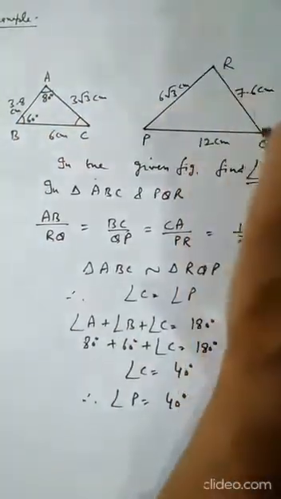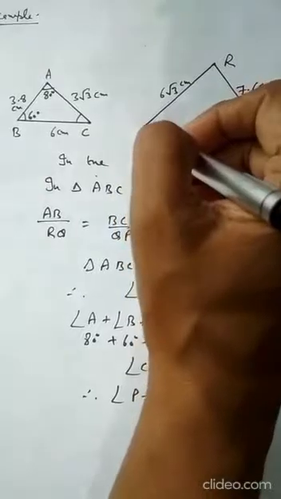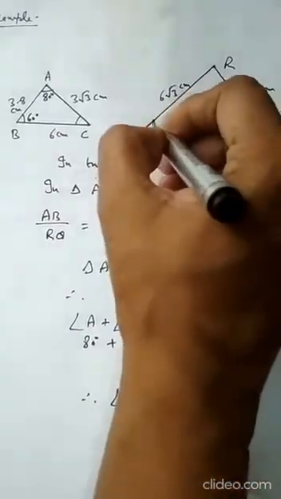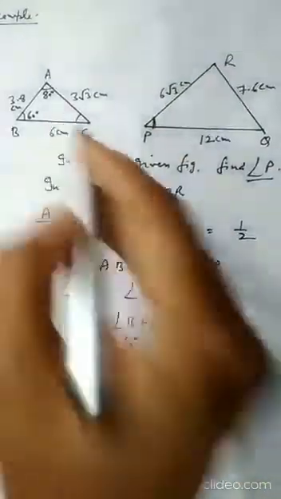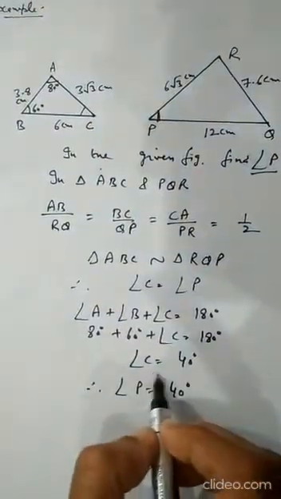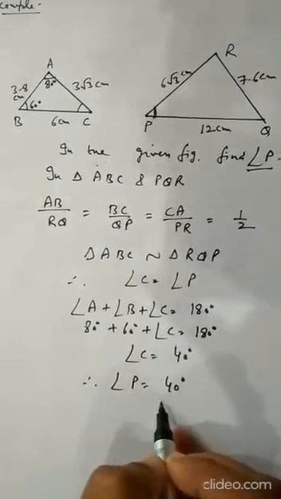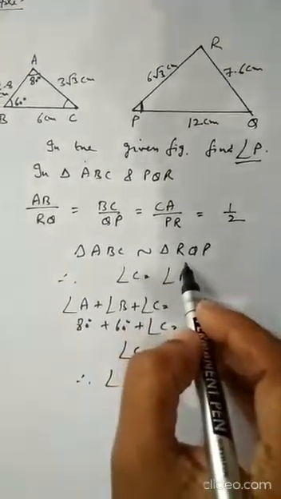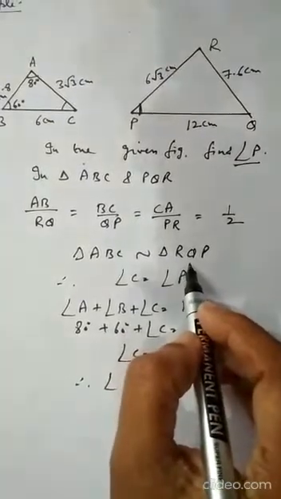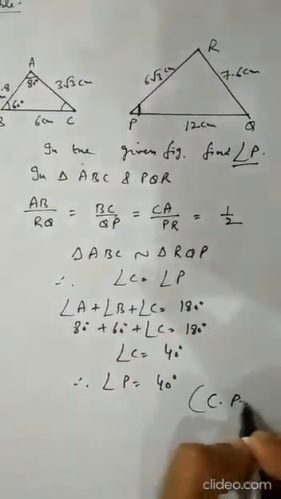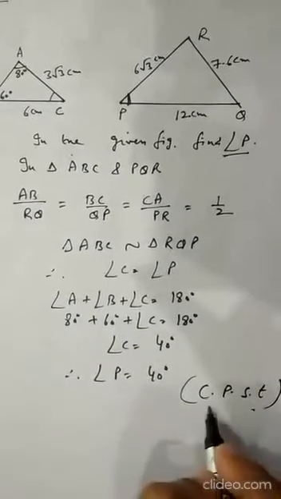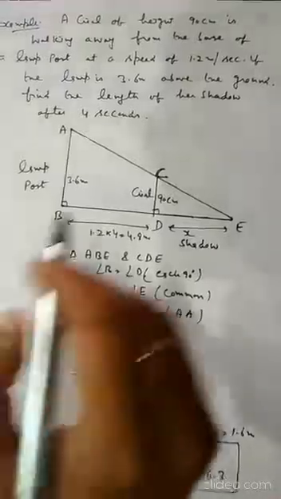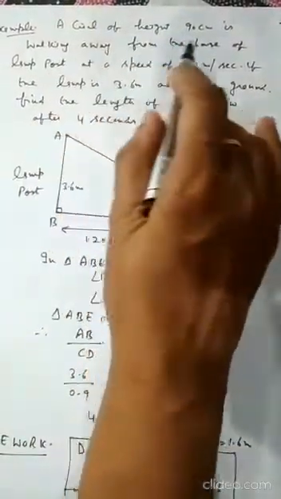ABC is similar to RQP. It means angle C and angle P should be equal. So by angle sum property, angle C is 40, then definitely angle P is 40. If triangles are similar, their corresponding parts are equal, and this property is known as CPST, corresponding parts of similar triangles.